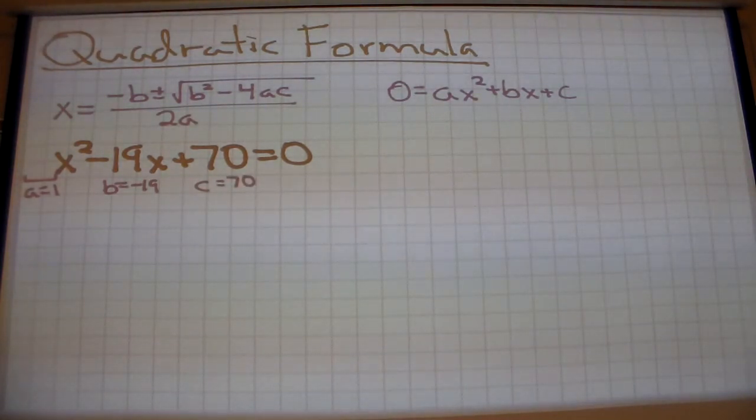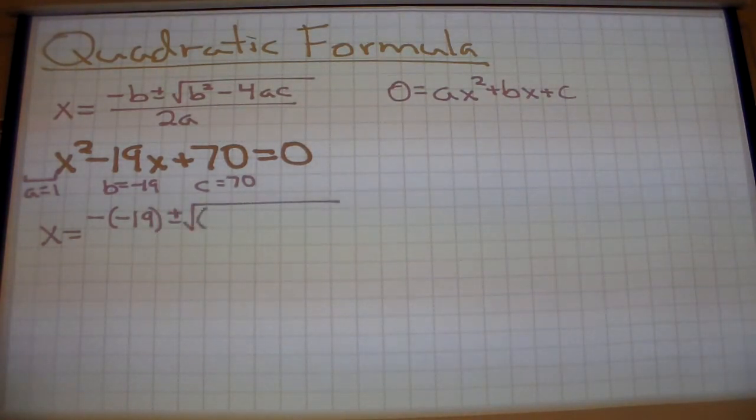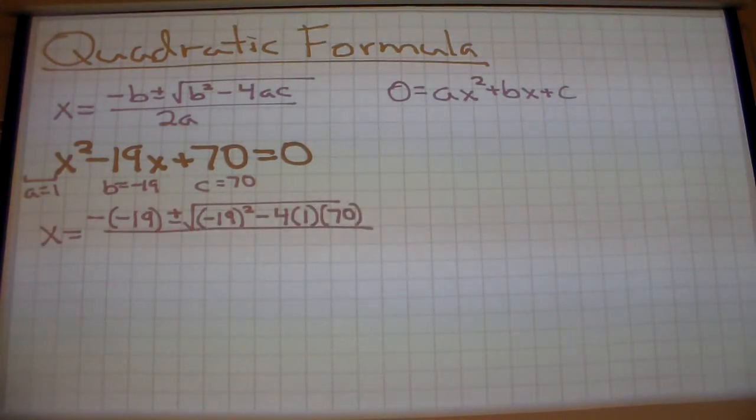Like I told you, it's going to work every time. It's your go-to. So we go negative of negative 19 plus or minus the square root of negative 19 squared minus 4 times 1 times 70. All of that is over 2, because a is 1.